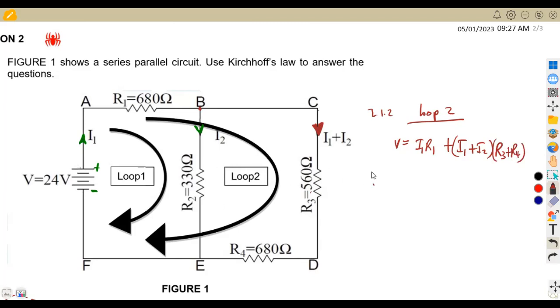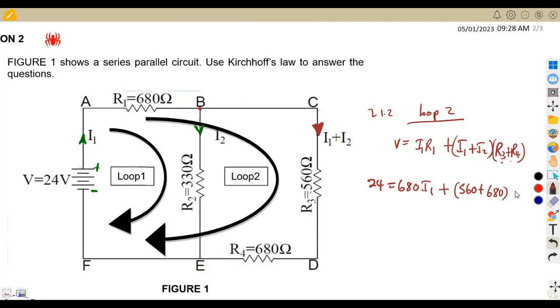All right, so that's what you're going to have in this case, which is the total voltage of 24 is equivalent to I1 times R1, which is 680. So you've got 680 I1 plus R3 plus R4. We are going to add R3, 560, plus R4, which is 680.